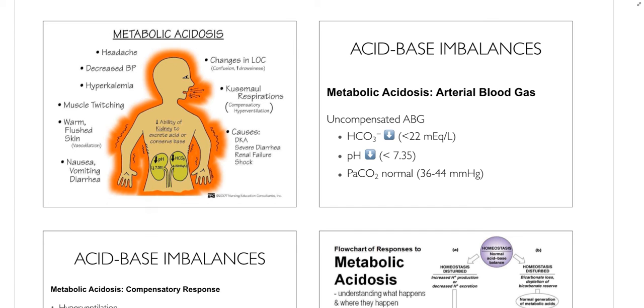The kidneys don't really do the same thing, but the lungs can. So only really early on, from my understanding, are you going to see a normal CO2 level, a completely uncompensated ABG with someone in metabolic acidosis, because the lungs are just going to kick in pretty early. And then you're going to see a decrease in bicarbonate, indicating that there is a renal problem, a metabolic problem going on with acid base.